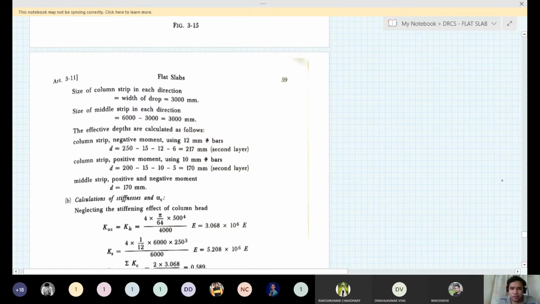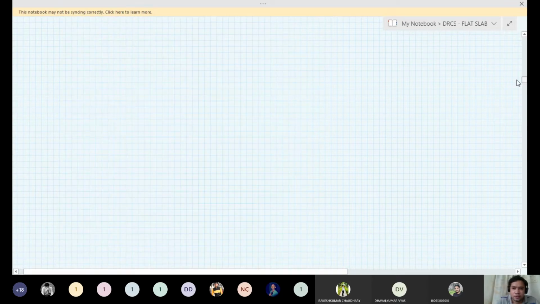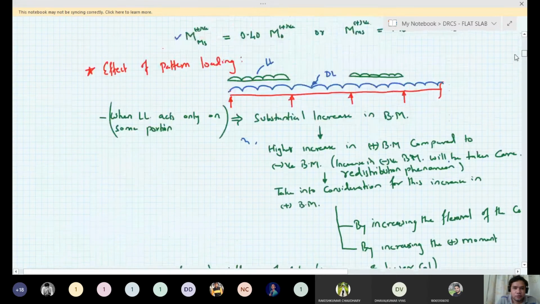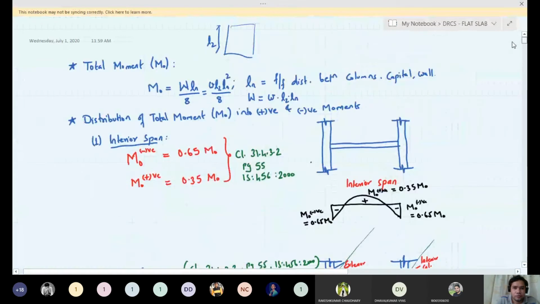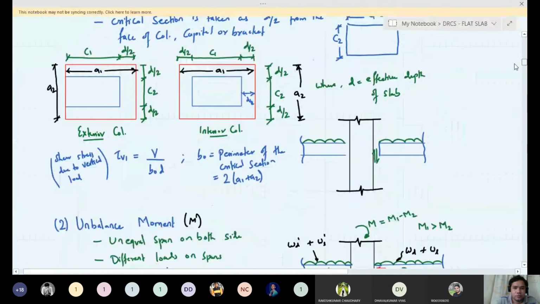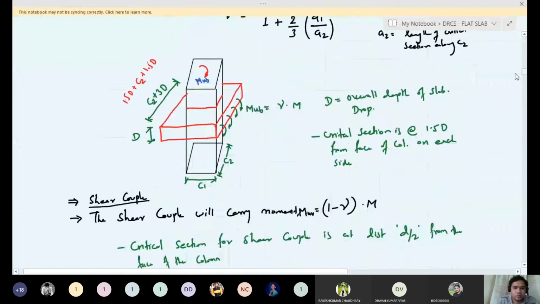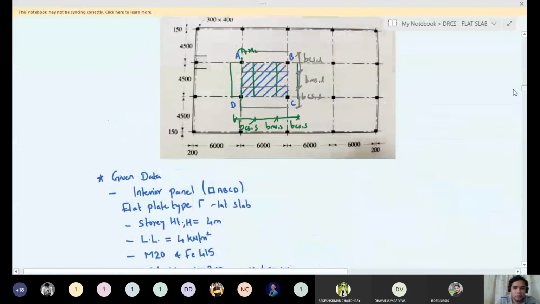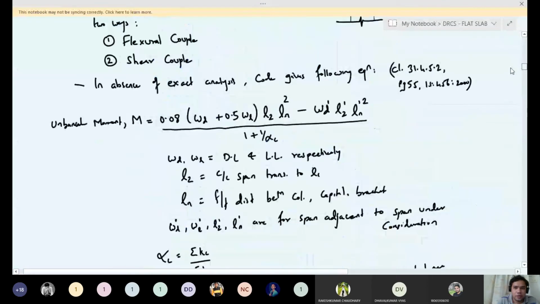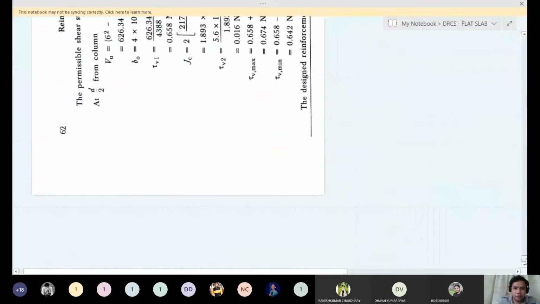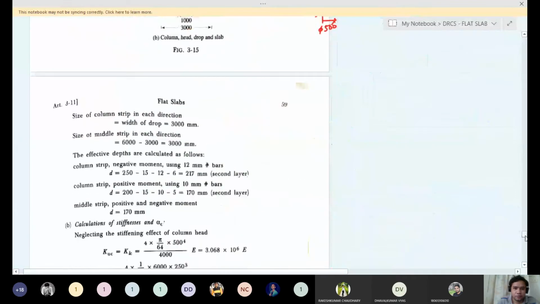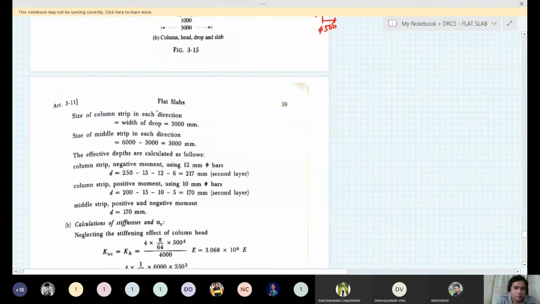If you refer to the code, there is a clause that if your flat slab has a drop, then the width of the column strip is equal to the width of the drop.